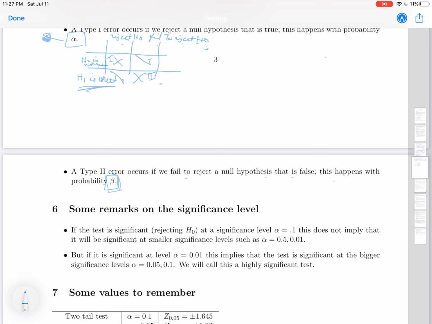The other type of error is that you fail to reject H0 while H1 is correct, so you accept H0 while H1 is correct. This occurs if we fail to reject a null hypothesis that is false. We call the probability of committing this error beta. Just two definitions that you should know.